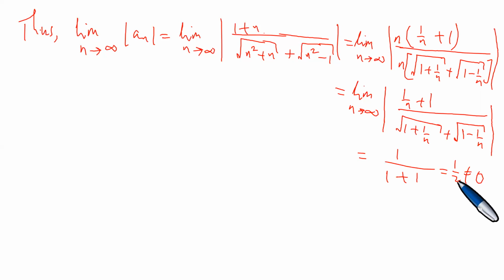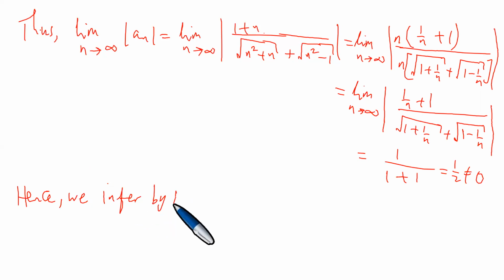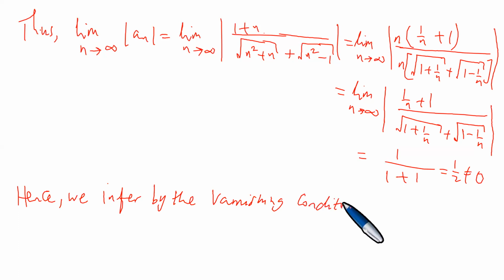If it happens that this limit is not 0, hence we infer by the vanishing condition that the series, because we're dealing with a series, the series is what? Is divergent.